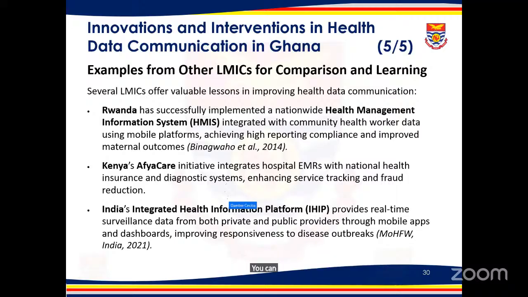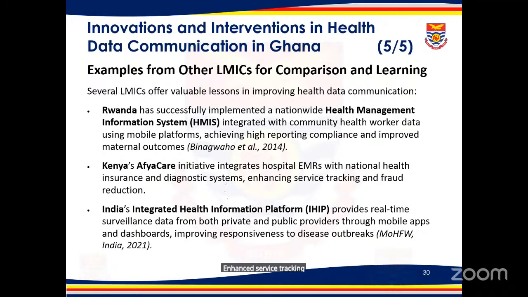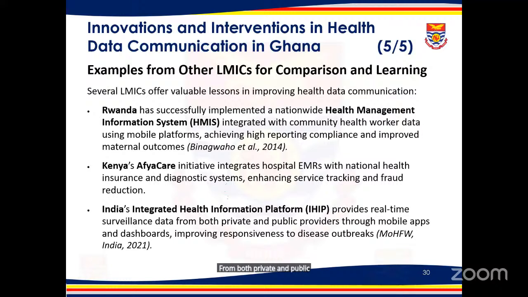You can also talk about Kenya's Afya Care initiative, which also integrates the EMR systems with national health insurance and diagnostic systems, enhancing service tracking and fraud reduction. India's integrated health information platform also provides real-time surveillance data from both private and public providers through mobile apps and dashboards, leading to an improvement in responsiveness to disease outbreaks.